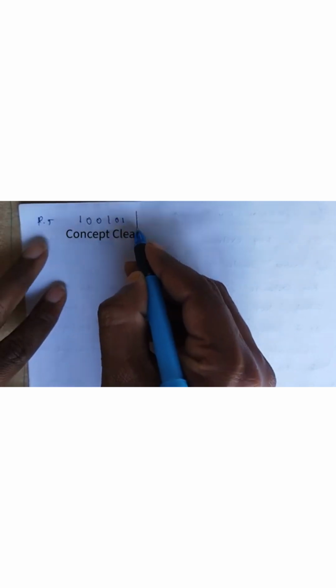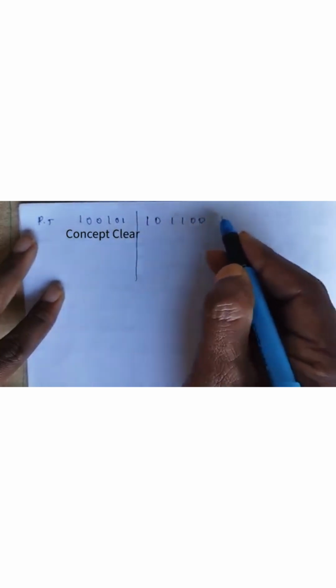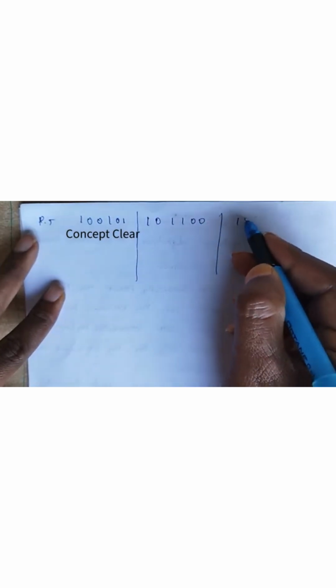Okay, next, I am taking these 3 values like this. This is the first plain text part, 1 0 0 1 0 1, and 1 0 1 1 0 0 is the second part, and the third part is the remaining one.